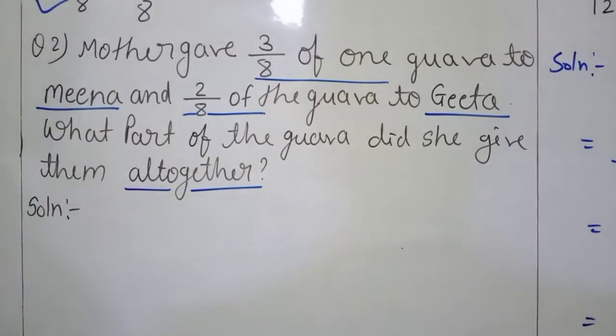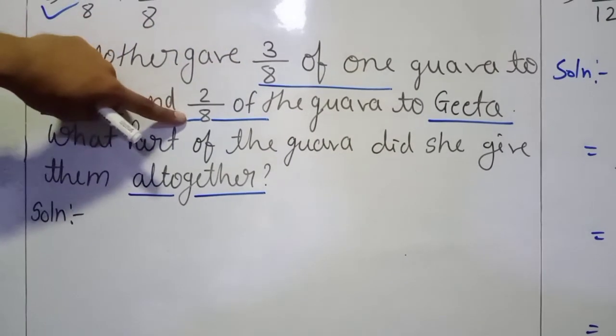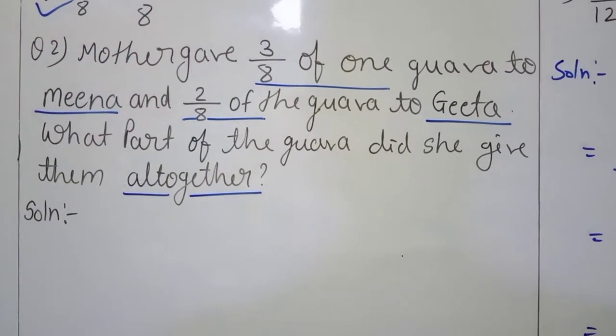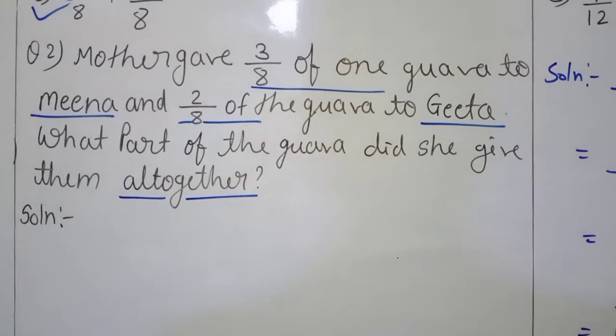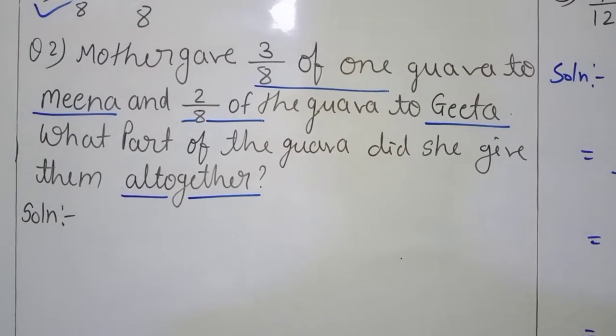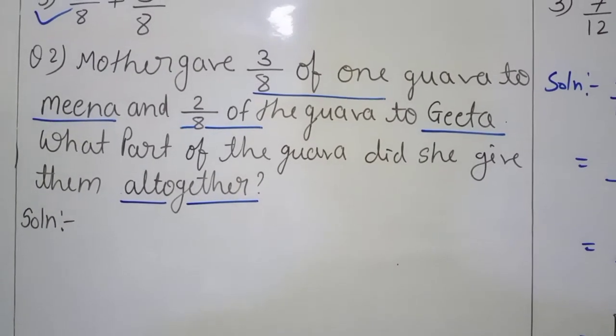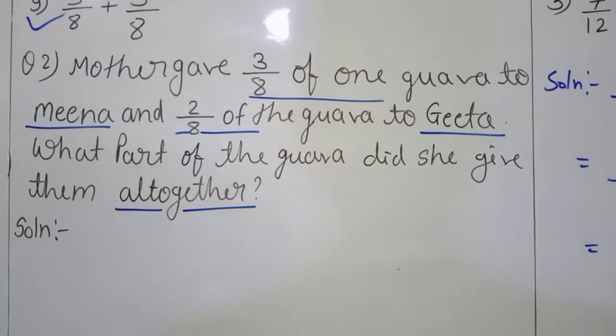How can we come to 8 equal parts? Because in both of the fractions we have the denominator 8. That means the guava should be divided into 8 equal parts. Out of that, 3 pieces mother gave to Meena and 2 pieces to Geeta.